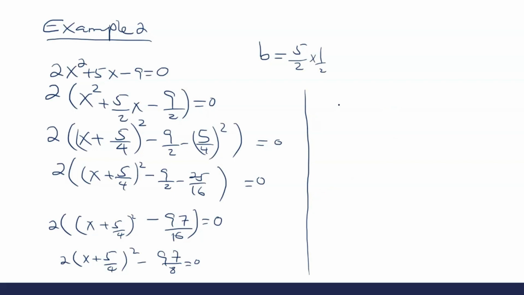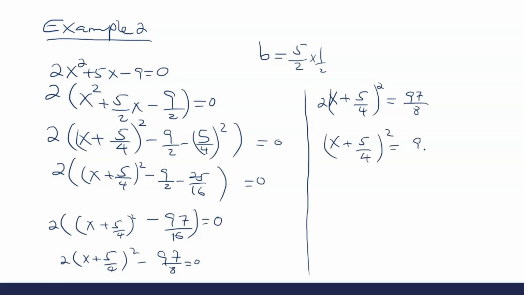So we make x the subject. So that's going to be 5 over 4, x there, 2 there, and take the number out. So divide by 2 on both sides, so x plus 5 over 4 squared.